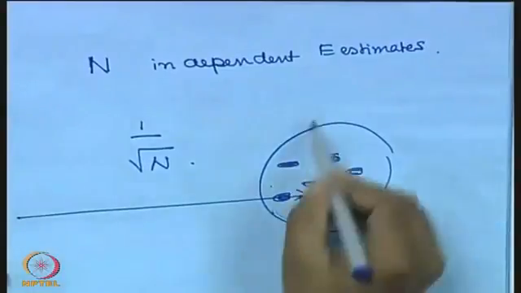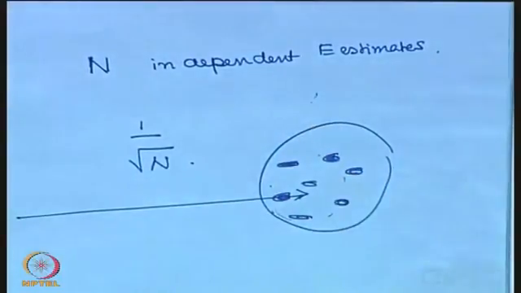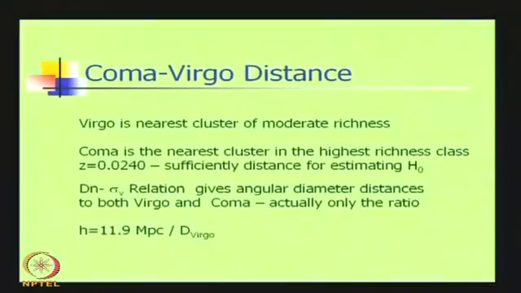And it is still collapsing, so it is not fully bound as yet; it is still in the process of being formed. So this is the Virgo cluster, and the Coma cluster is the nearest cluster which is in the high richness class.